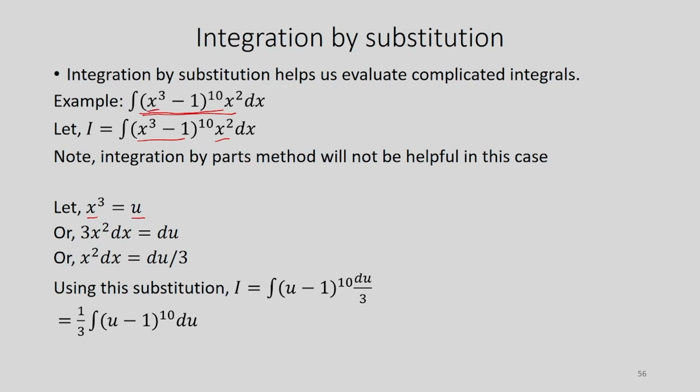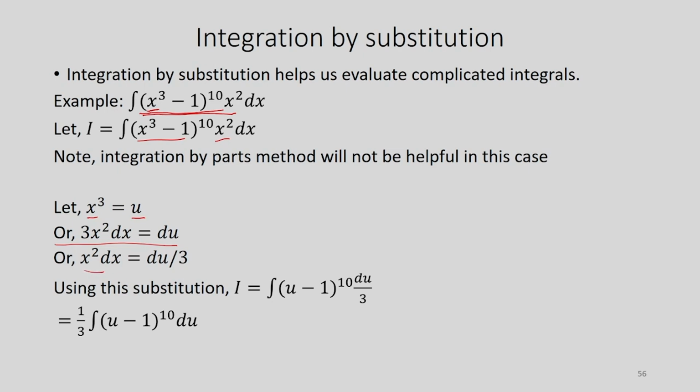So, I have taken that x cube and assumed that x cube is some other variable, that variable is u. And I have taken the differentials of both sides, and it becomes 3x square multiplied by dx is equal to du, or x square dx is equal to du divided by 3.